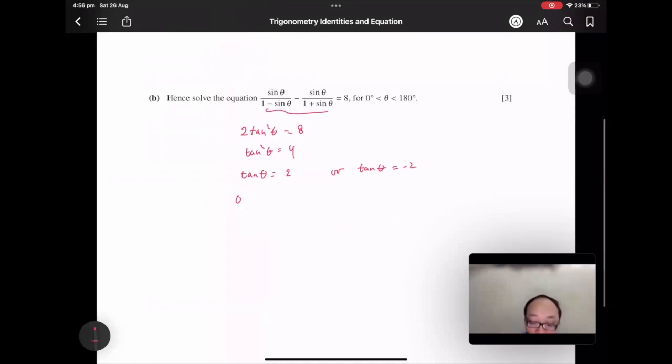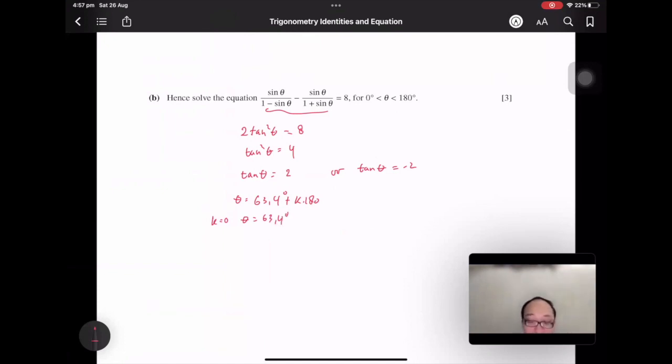From here, the left side, I have theta is tan inverse of 2. This is degree. So it's 63.4 degree plus k times 180. If k equals 0, the theta is 63.4 degree.